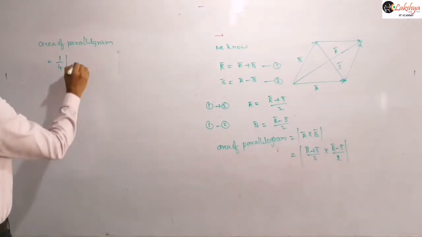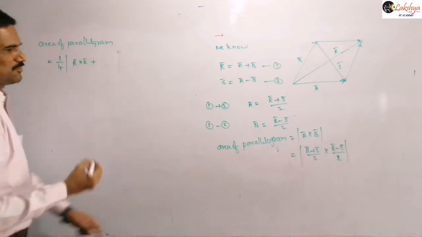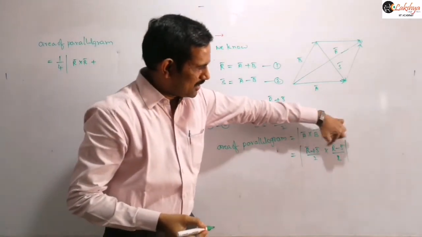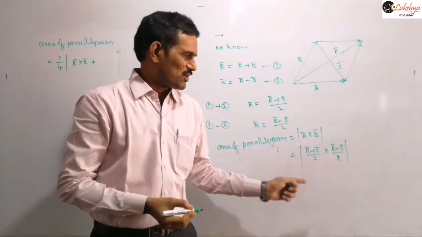Then R bar cross R bar plus, that means with this R bar I am finding the cross product, like our distributive over addition we discussed. So that property we can apply here.